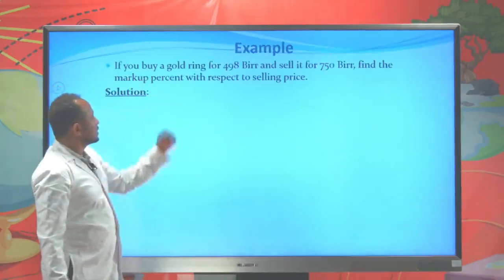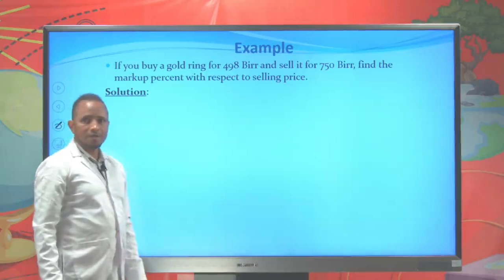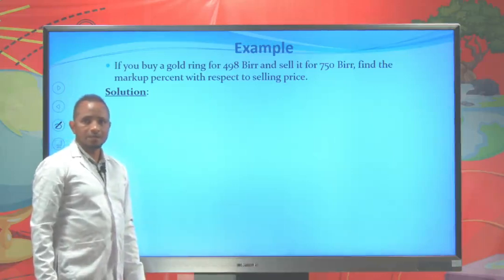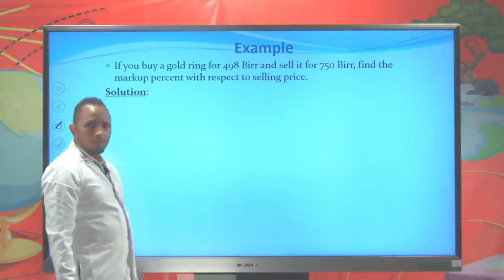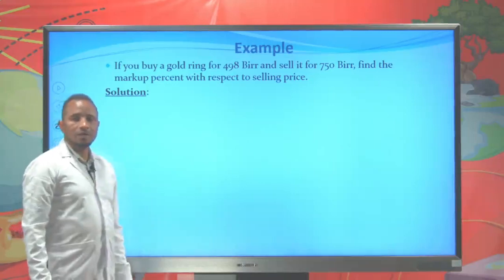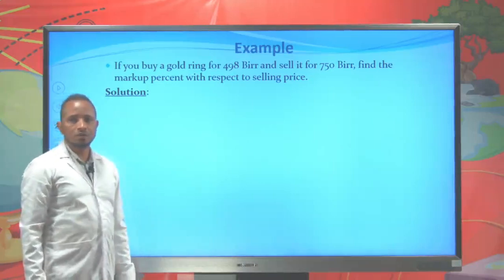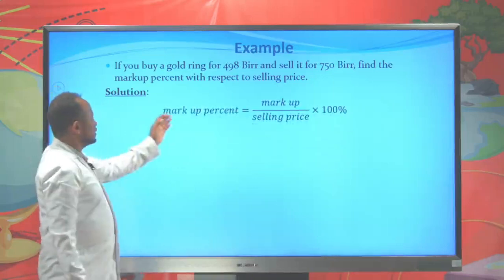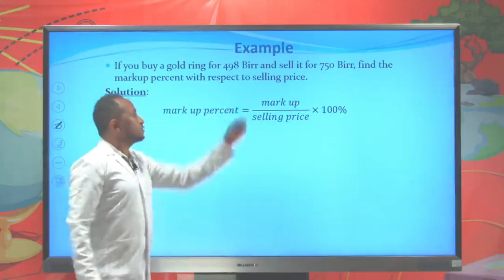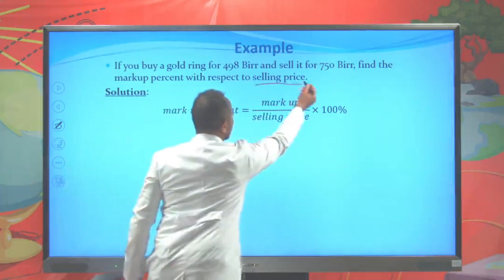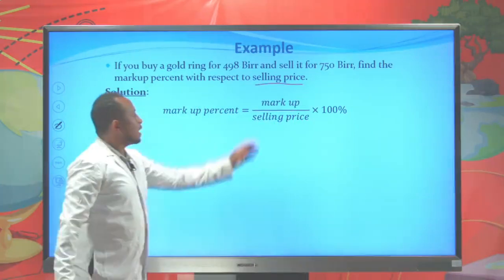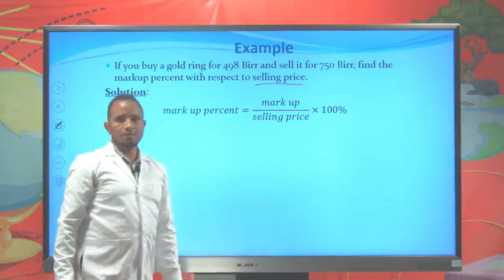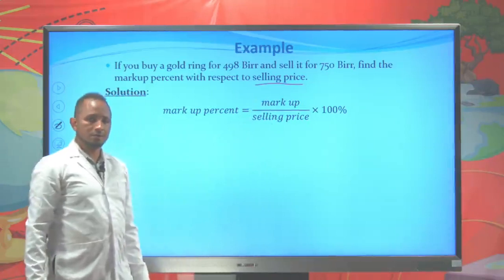If you buy a golden ring for 498 birr and sell it for 750, find the markup percent with respect to selling price, it says here. So let's see the solution. Markup percent with respect to selling price is given by markup divided by selling price times 100%.